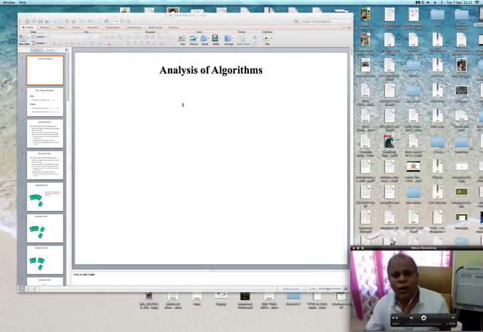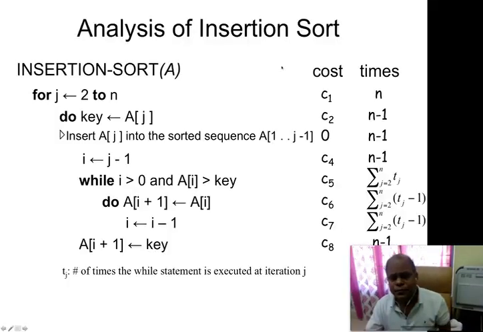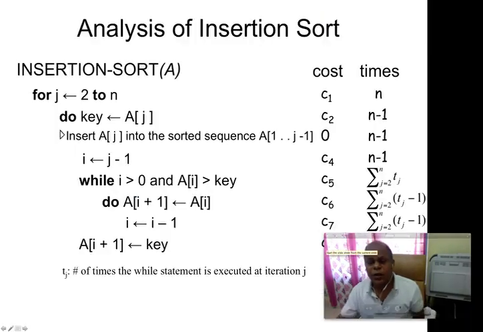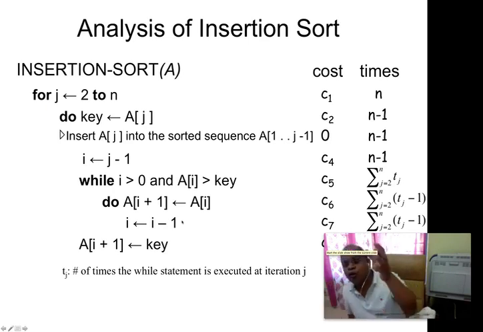Hence, this is the cost of each step of the algorithm, and how many times that particular step will execute.